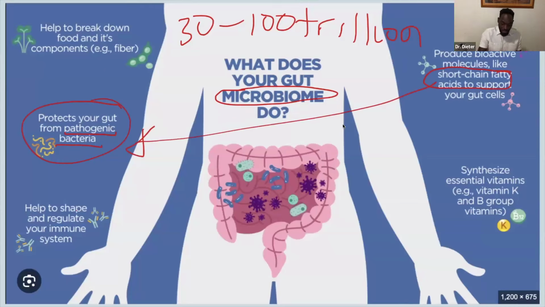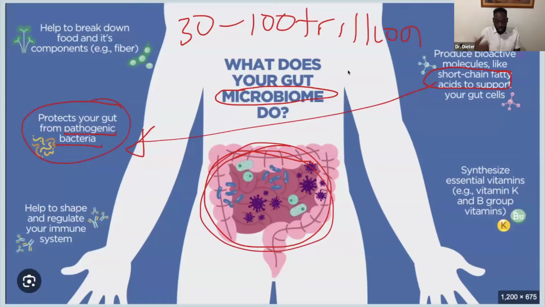And these short chain fatty acids, this is a microbiome, these organisms here, this bacteria. These short chain fatty acids are only produced by the biological activity of this bacteria. You cannot get these short chain fatty acids from consuming any natural foods or what have you.